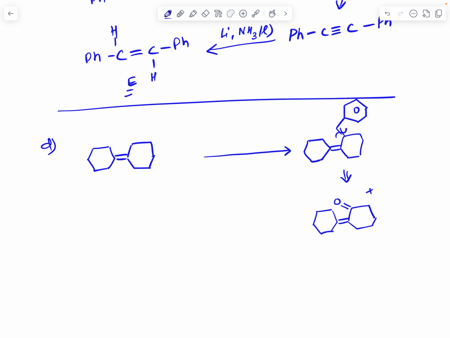Again, don't forget there's an extra carbon out there, so that Grignard reagent is basically PhCH2MgBr. Okay. Now the question is, how do you make this from this?